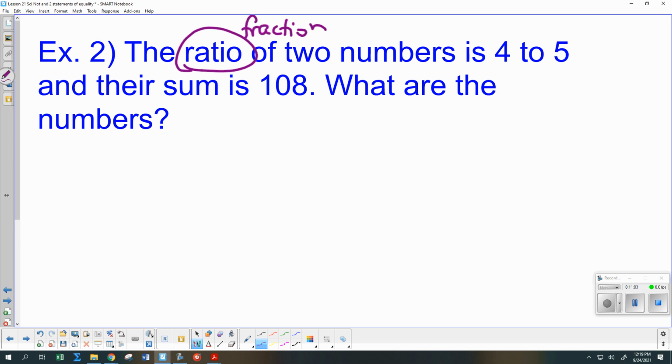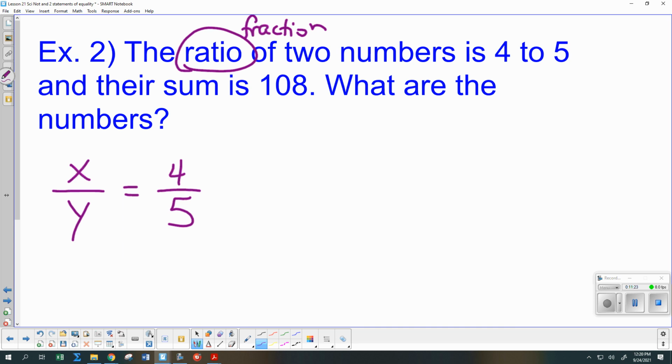If we do X and Y, that means the ratio of X to Y, we can write it as a fraction, is 4 to 5. That's one of the equations I'm going to work with to solve this thing.